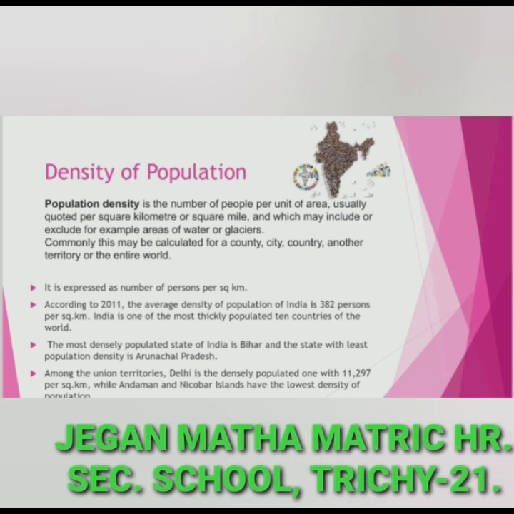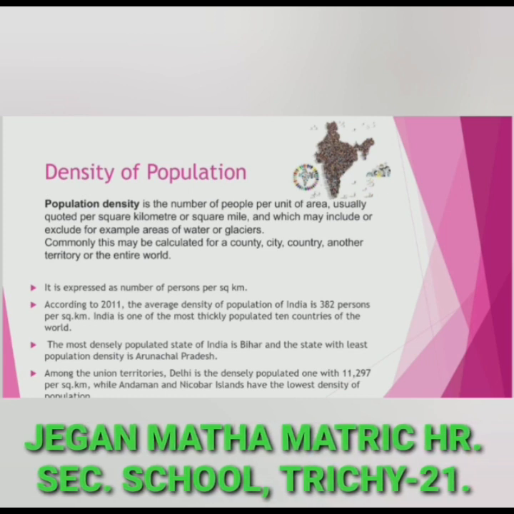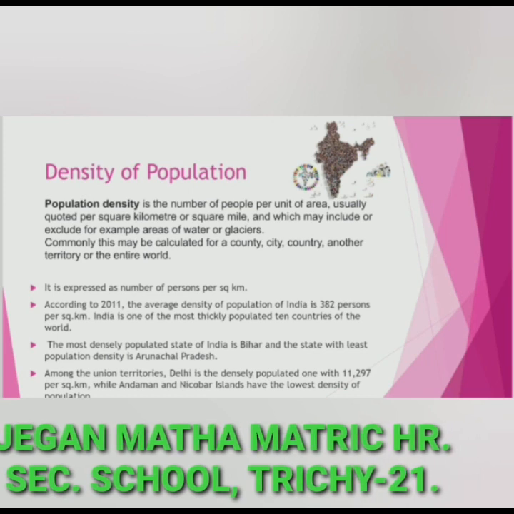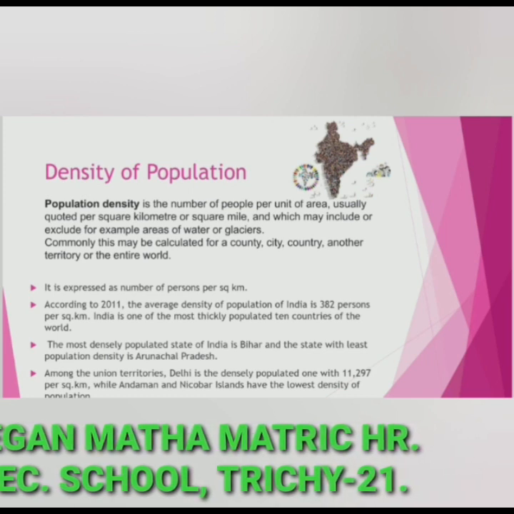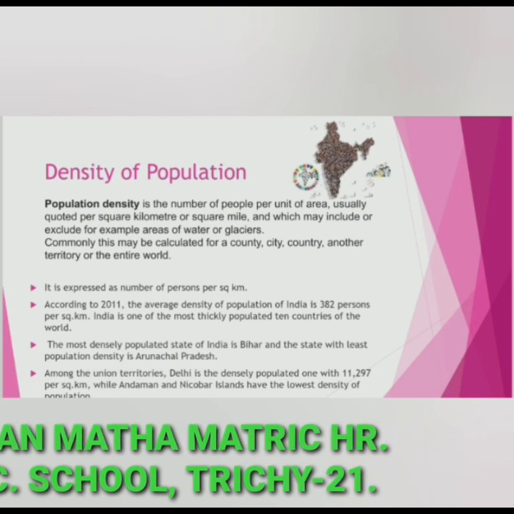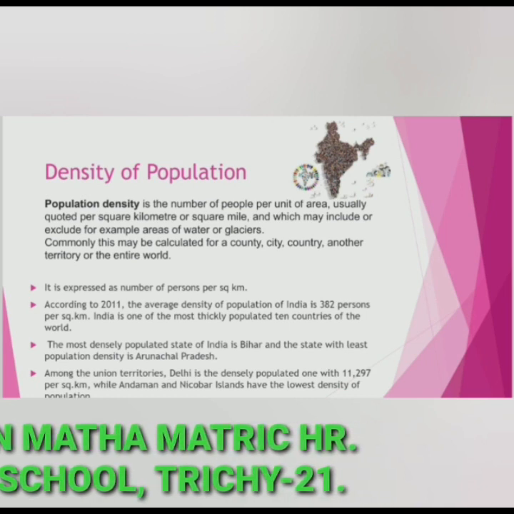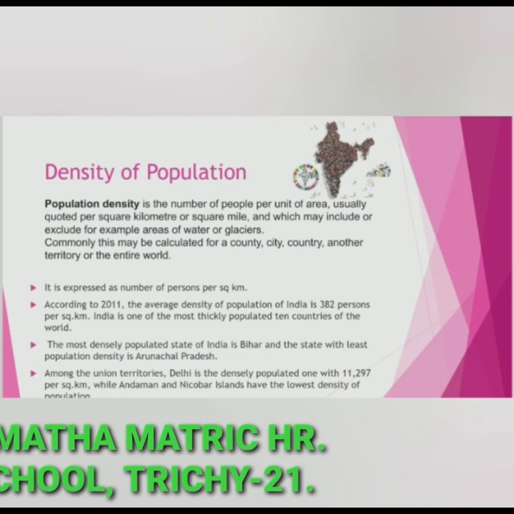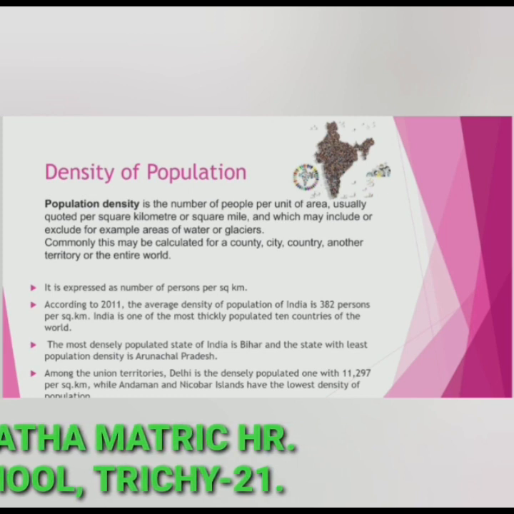According to the 2011 census, the average density of population of India is 382 per square kilometer. India is one of the most thickly populated 10 countries of the world.